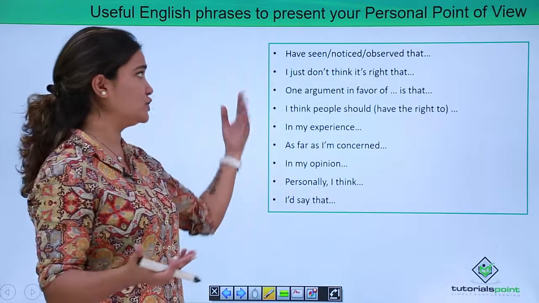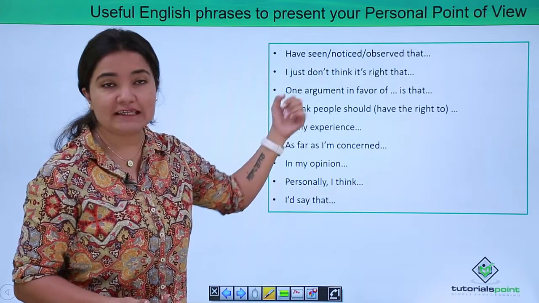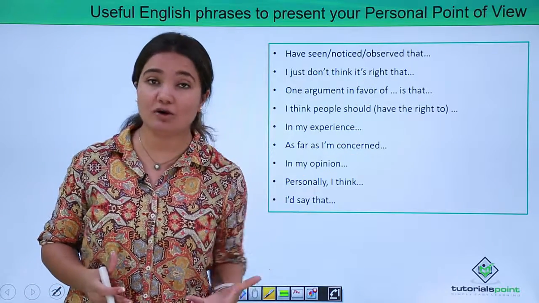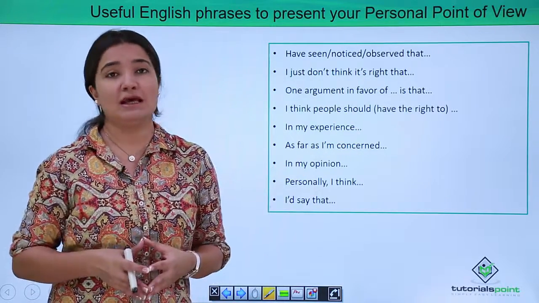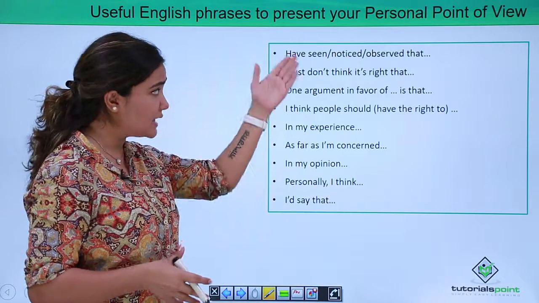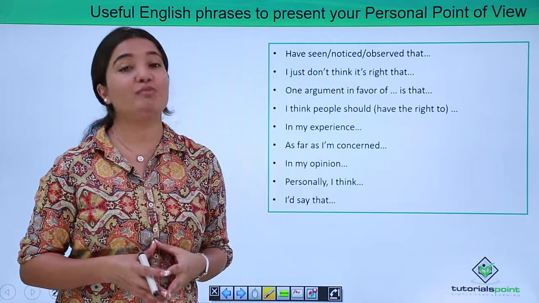Another one: "One argument in favor of." When you say "one argument in favor of," you mean you are presenting your supportive point. This again is a way of presenting your opinion.